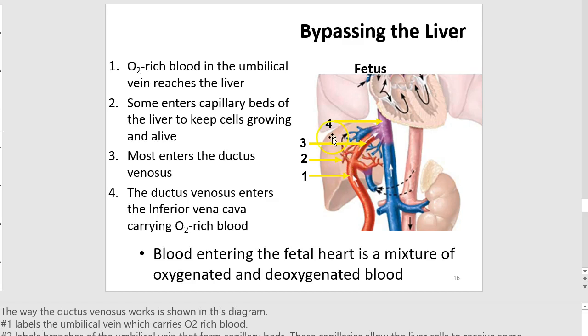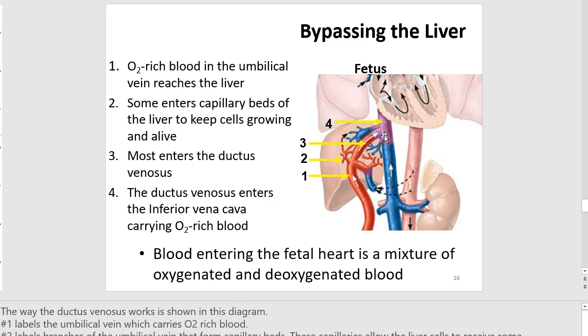So the liver will receive some blood. The majority of the blood, however, bypasses liver tissue, no capillaries, and enters this structure, number 3, called the ductus venosus. That provides a connection between the umbilical vein and the inferior vena cava.